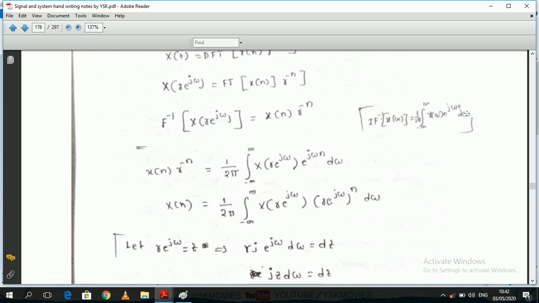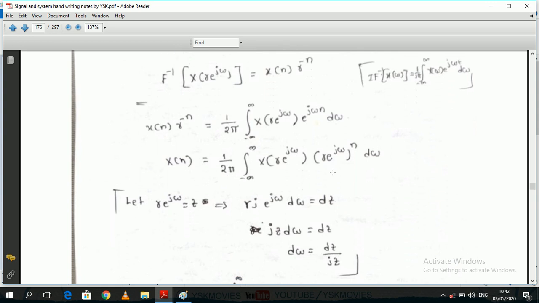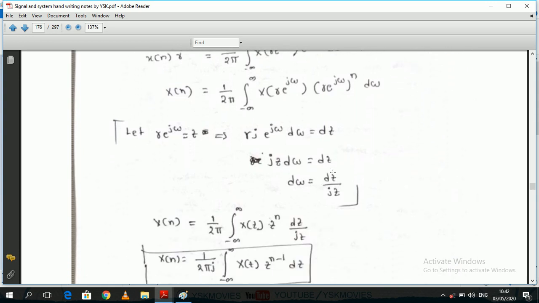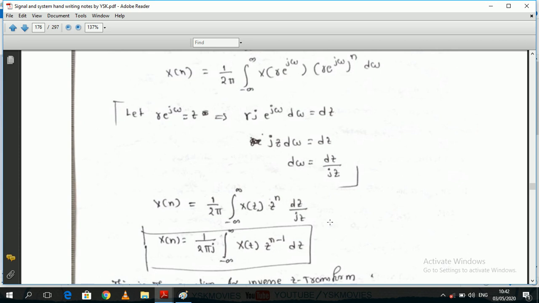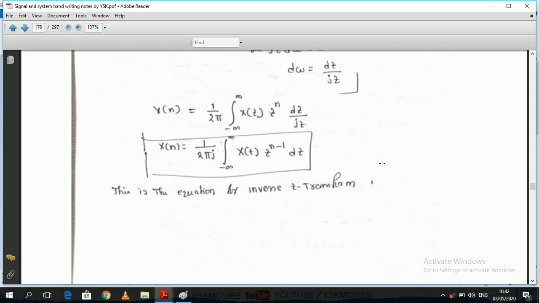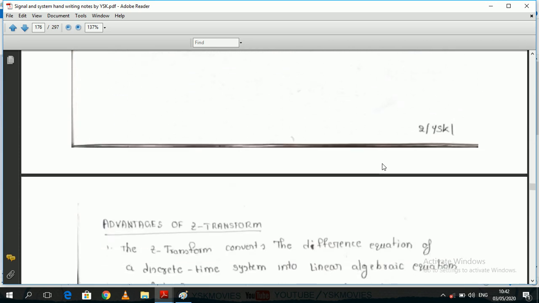Then you can apply this formula: 1 by 2 pi integral from minus infinity to infinity X of omega e power j omega t d omega. The same formula is substituted here, x of n r power minus n, and this is 1 by 2 pi integral of X of r e power j omega d omega. You can write it with this. You just pause the video and observe the entire derivation. So this is the formula for the inverse transform, right?